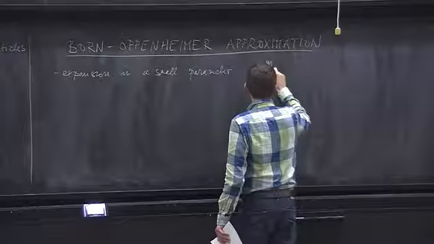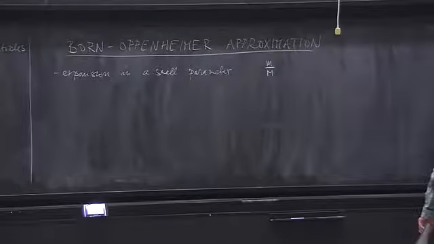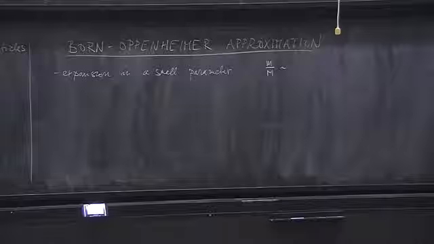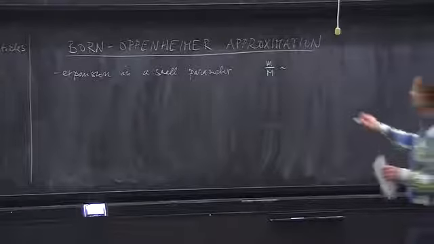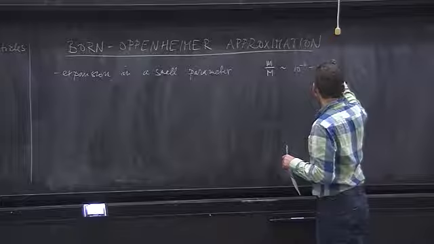Which is electron mass divided by ion mass, and can anybody tell me what this typically would be, say in a hydrogen metal? So in various solids, this would range between 10 to the minus 3 all the way to 10 to the minus 5.